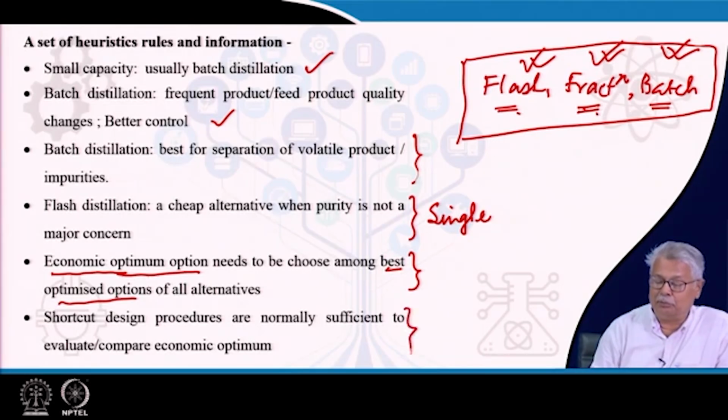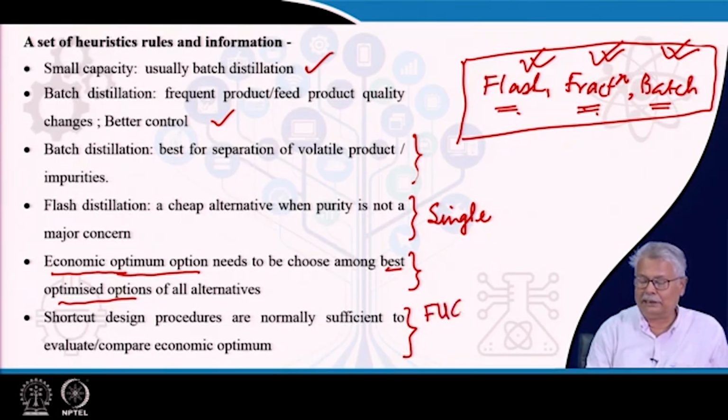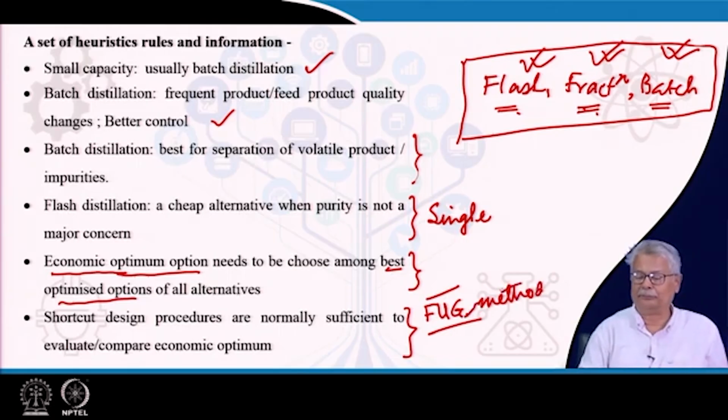Here is a big boon to us. While we were talking about multi-component fractionation, we outlined a shortcut design procedure, which is basically the Fenske-Underwood-Gilliland method.